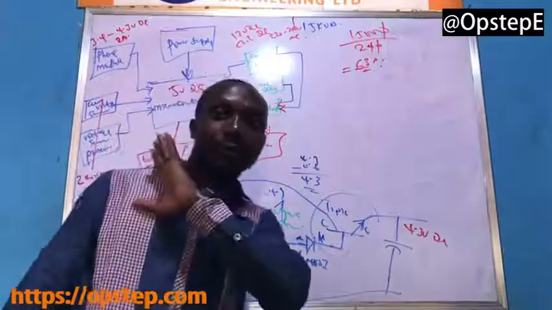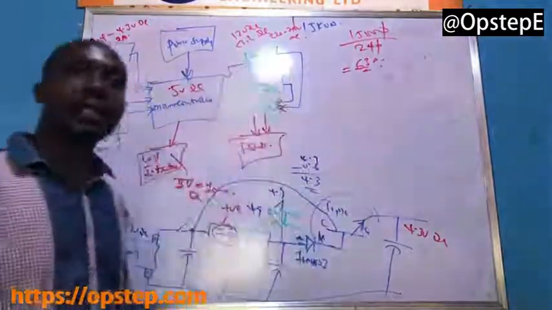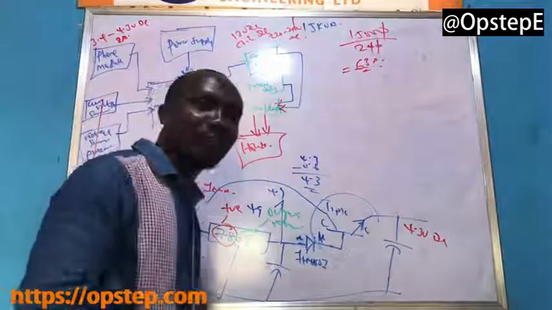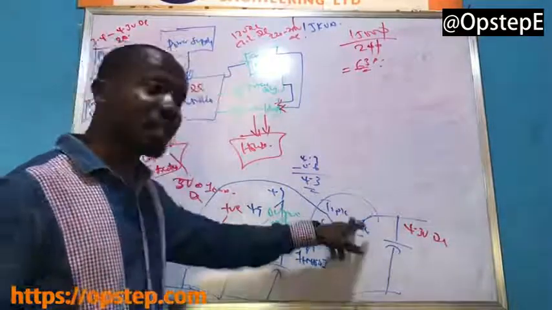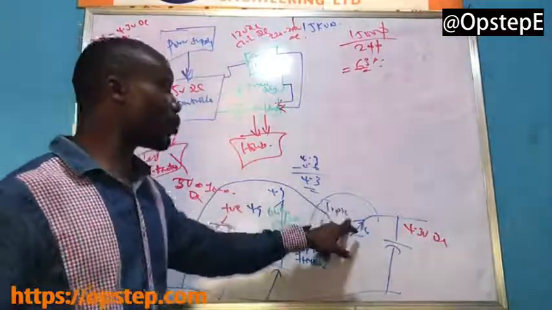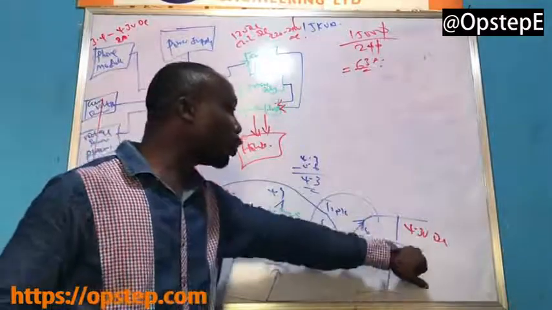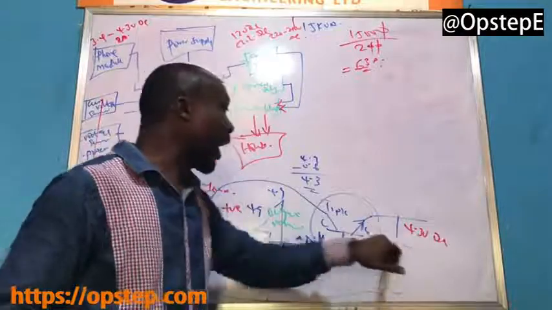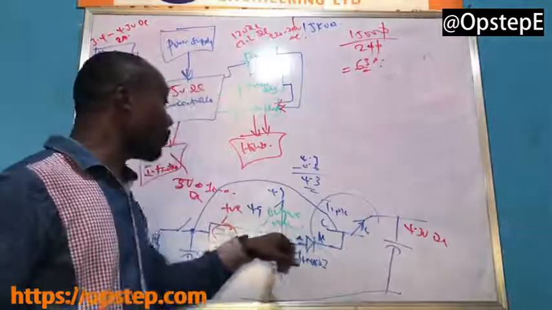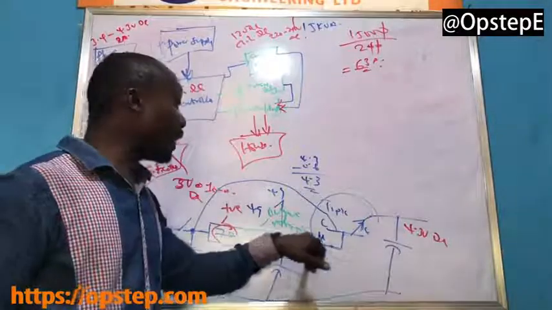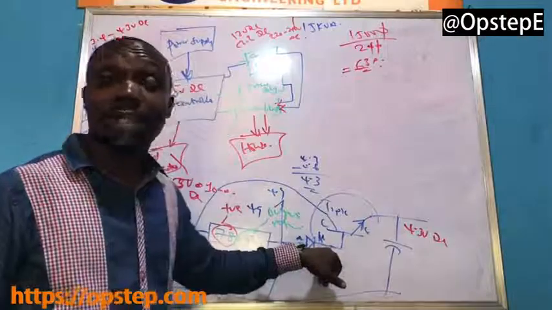So I will save you that stress. Are you following me? But understand that there's a transistor here, the TIP41C, to help amplify the current and keep the voltage constant, so that at the output you are getting your 4.3 volts DC at more than the 1 amp that the voltage regulator can give and that this rectifying diode can offer.